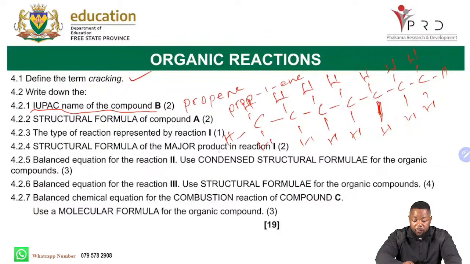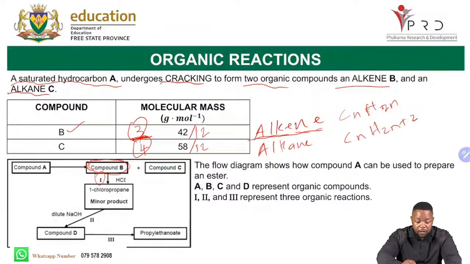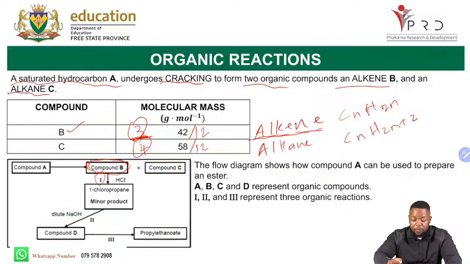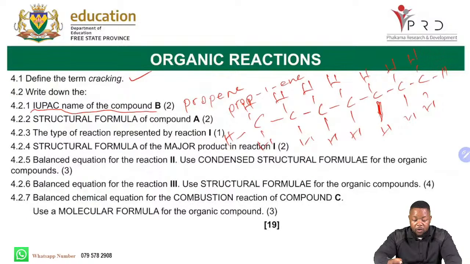So we carry on with other questions. The structural formula of the major product of reaction 1. We can easily get the major product of reaction 1 from the structure that we have drawn.